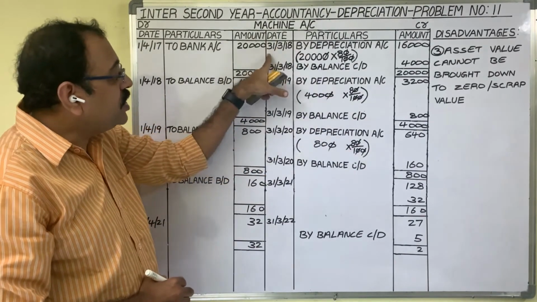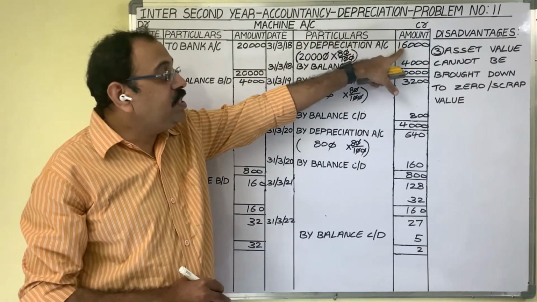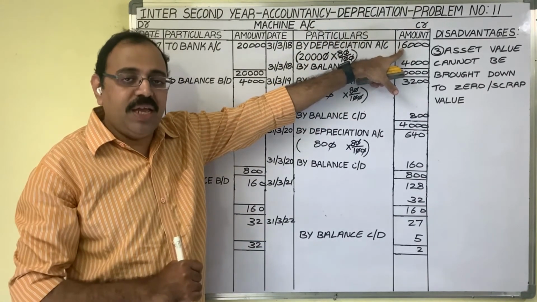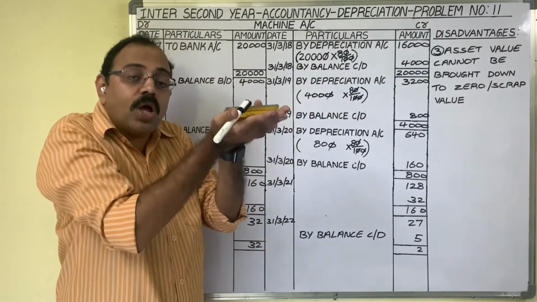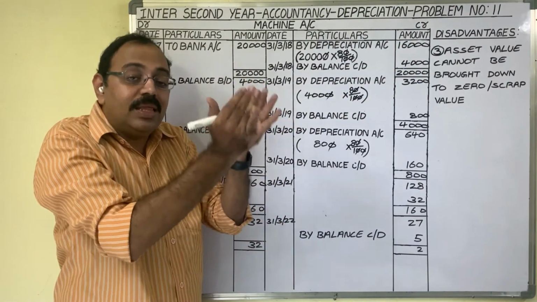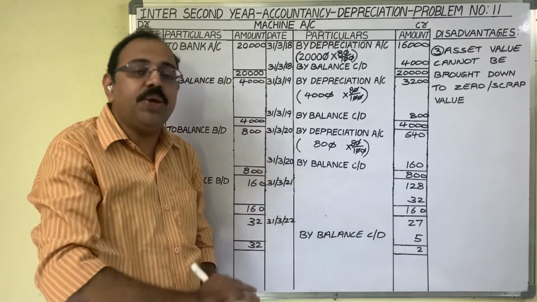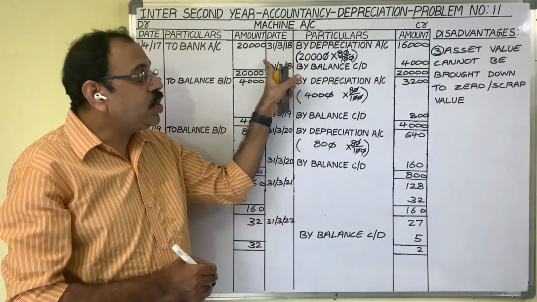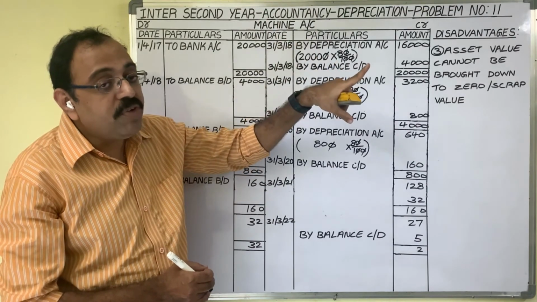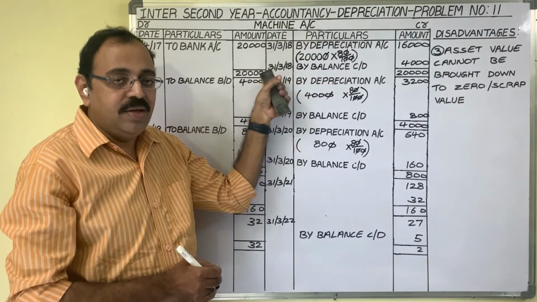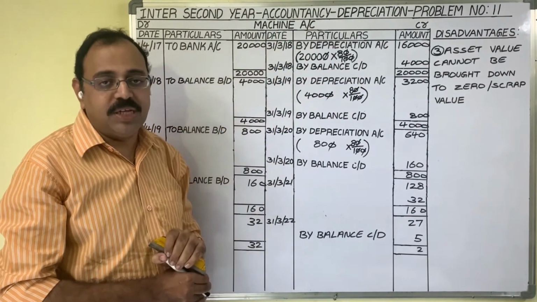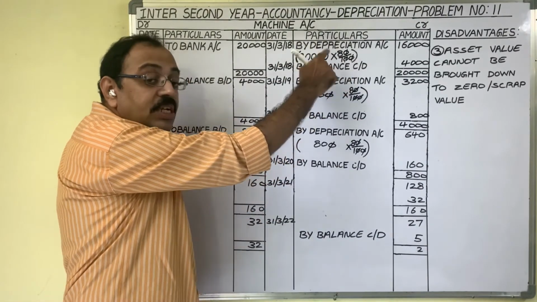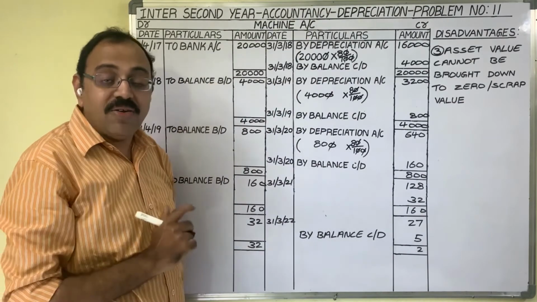Because in the first year, as depreciation loss is more, it affects the profitability. When you show more loss to the P&L account, that year's profit will get reduced. So definitely, compared to the fixed installment method, we have to provide a higher percentage of depreciation if it is the diminishing balance method. But you cannot provide 80%, 60% depreciations on assets.